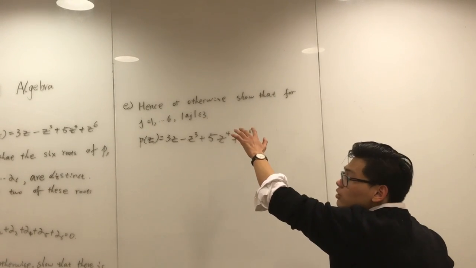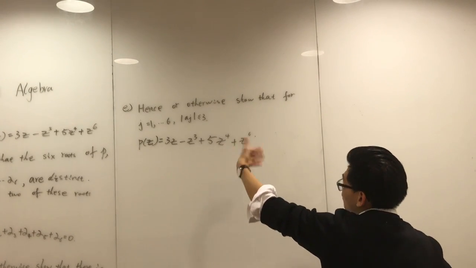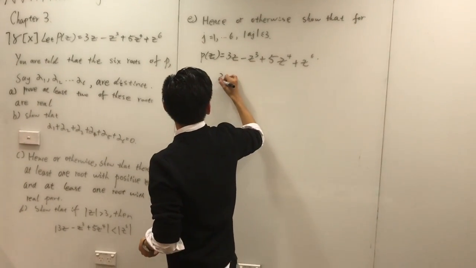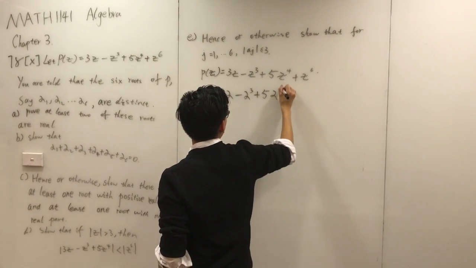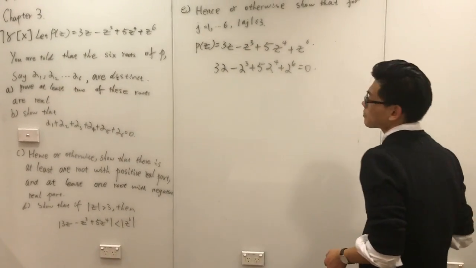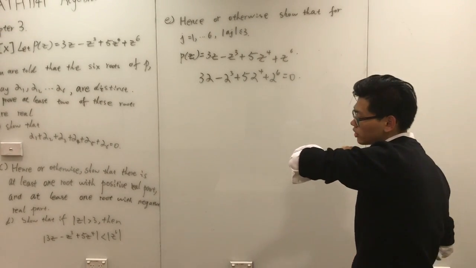Okay, in this question, they talk about alpha, which is the root of this equation. So we can substitute alpha: 3α − α³ + 5α⁴ + α⁶ equals 0. Right? And then we can move α⁶ to the other side. Why do we need to do this?